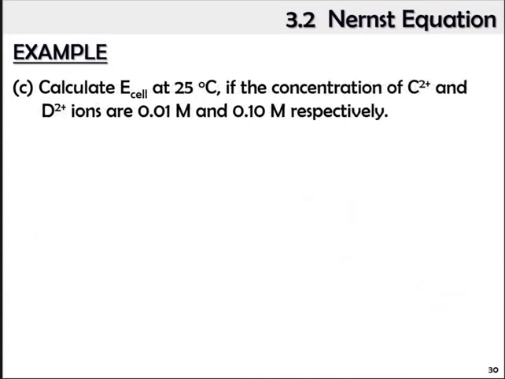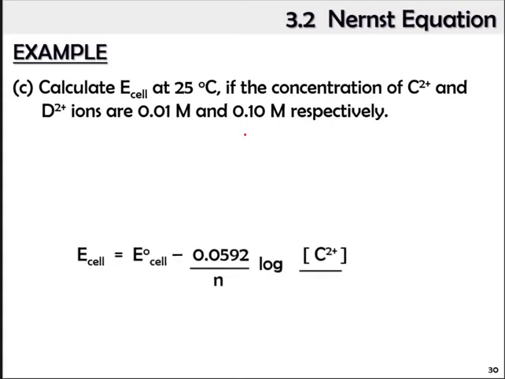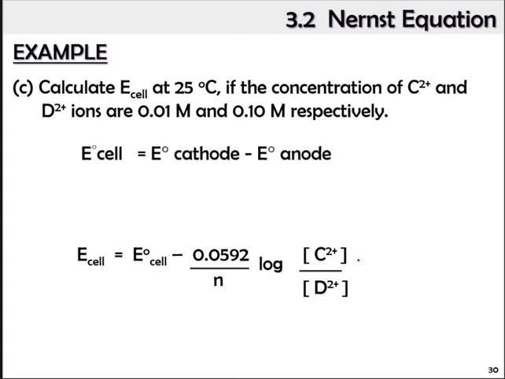Okay. Calculate the E cell at 25 degrees C if the concentration of C2+ and D+ ions are 0.01 and 0.1 molar respectively. That means this is non-standard condition. So, we use Nernst equation. Okay. So, Q here is referred to the overall equation. First, find the E naught cell using the formula cathode minus anode.